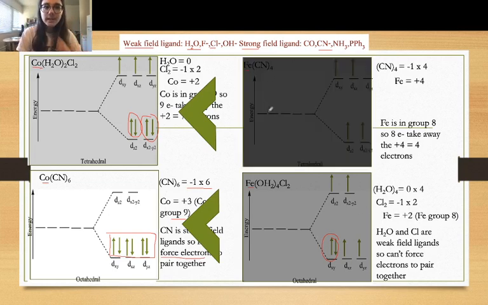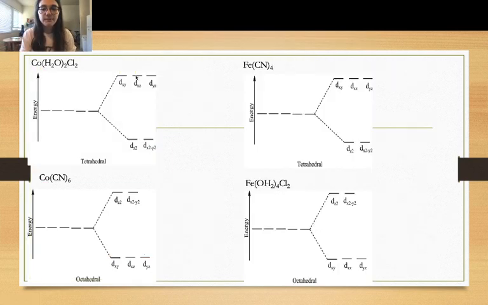And this also relates to magnetism. So those that have all paired are going to be diamagnetic, and this one up here that's all unpaired is going to be paramagnetic. So paired is diamagnetic, unpaired is paramagnetic, and paramagnetic means it's going to give off an overall magnetism. So if I apply a magnet to those, then it's going to work.